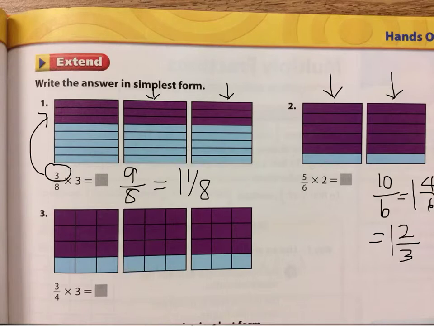That either way you could do it, whether you shaded it vertically or horizontally. Well, could you shade it vertically to represent 3/4? Yes, you could, and then just simplify. You could, right? Either way.